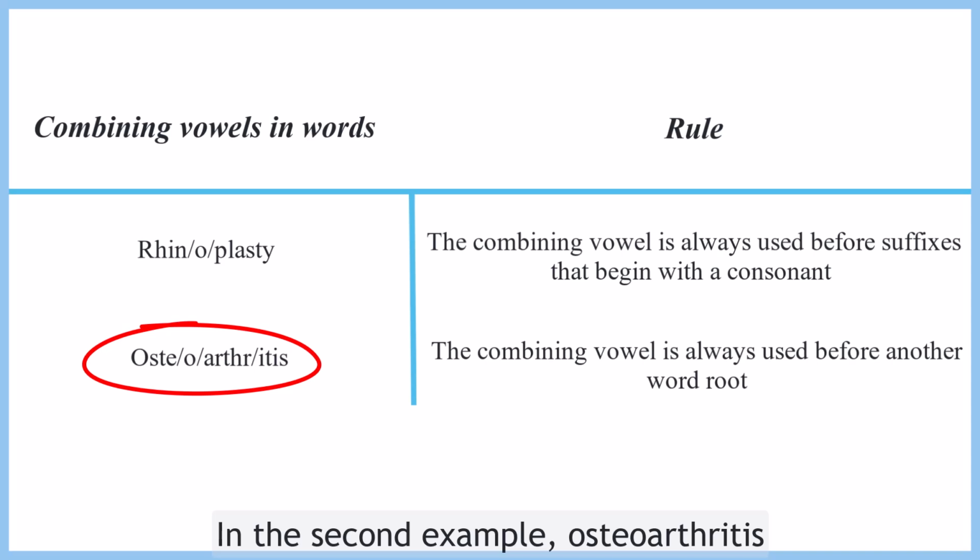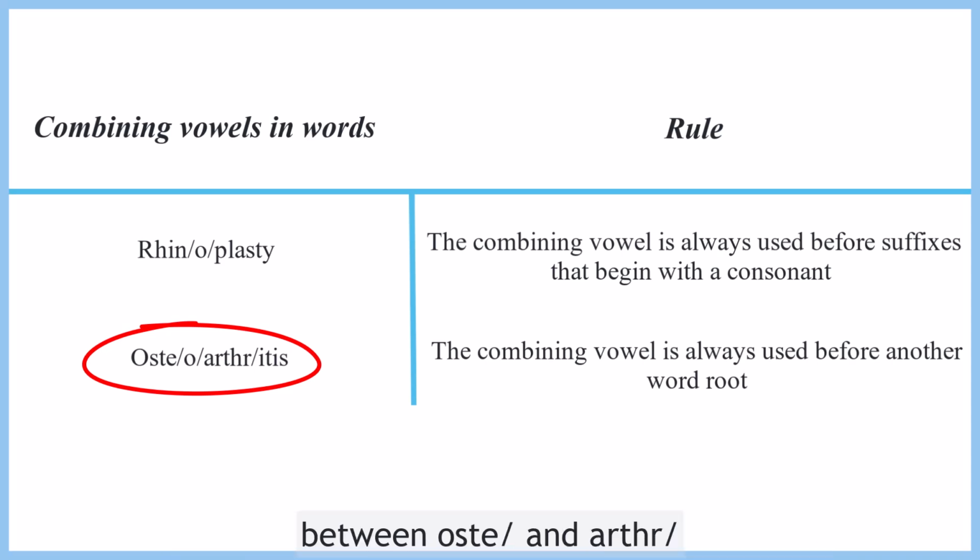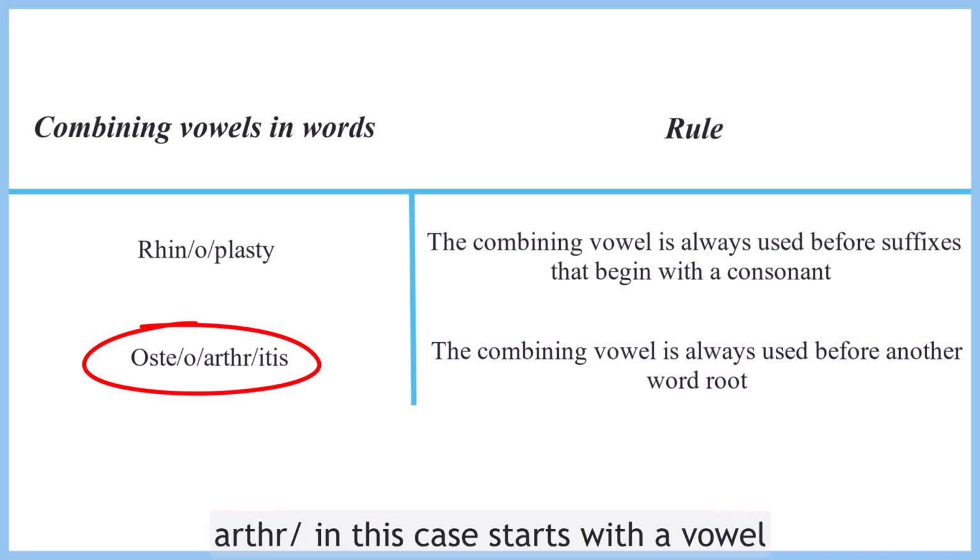In the second example, osteoarthritis, as you can see, the combining vowel is added between oste and arthr. As a result, and as a rule, the combining vowel is always used before another word root, even if the second word root, arthr in this case, starts with a vowel.